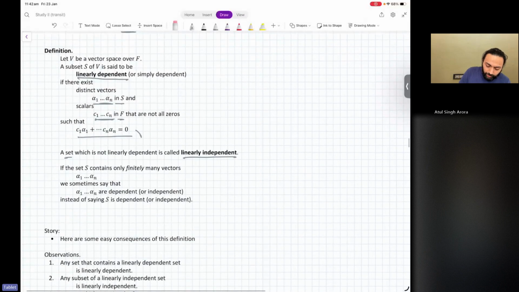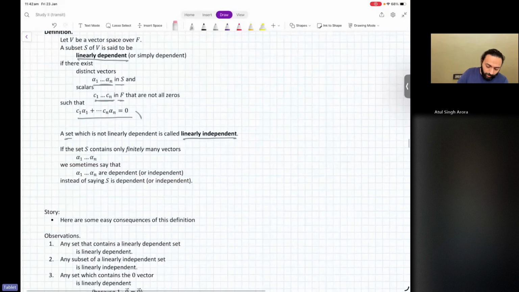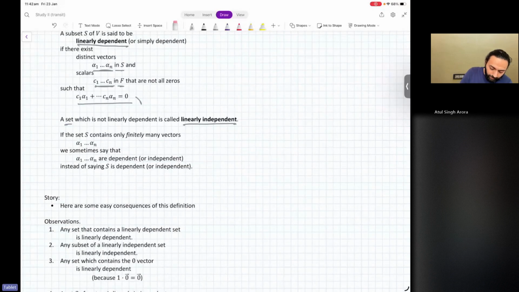So the definition is fine, right? The definition of linear dependence and linear independence. Darsh? Yes, sir. It is. Okay. Perfect. All right.